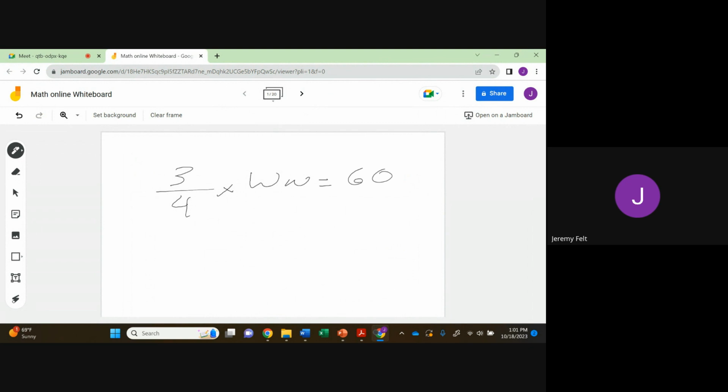And we remember when we divide by a fraction, that's the same as multiplying by the reciprocal. So 3/4 divided by 3/4 is 1, but that's also the same as multiplying by 4/3. So I multiply both sides by the reciprocal because that's going to cancel out there and there. So I get my number by itself.